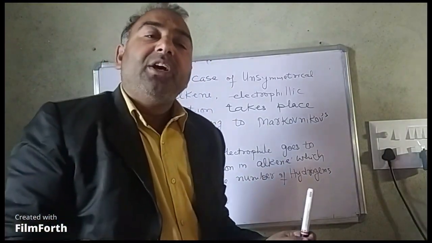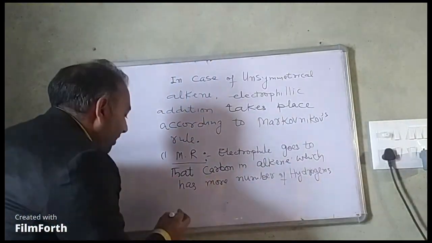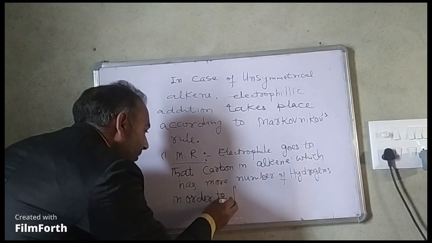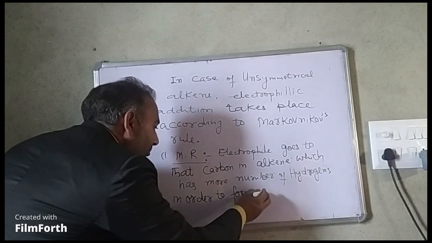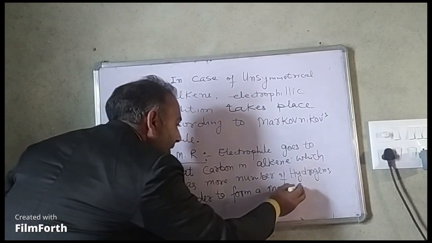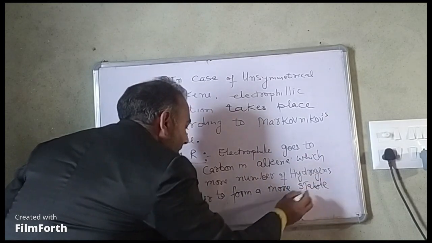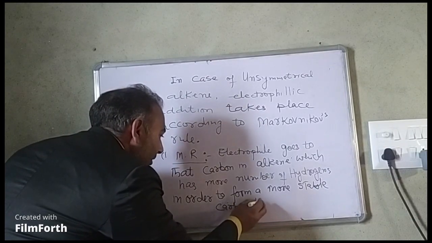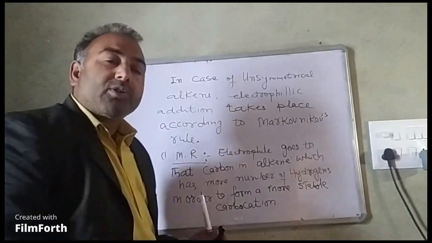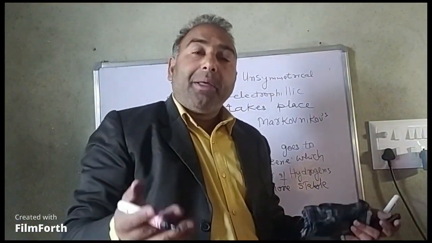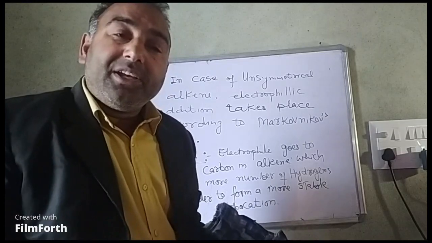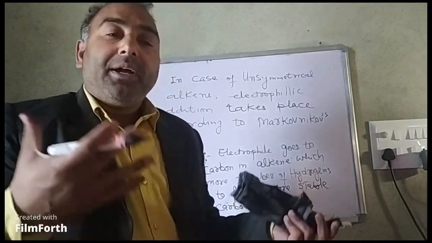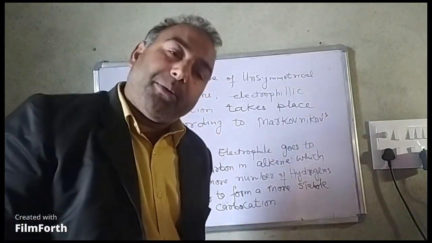Why so? What is the reason for this? In order to form a more stable carbocation, because the stability of the product depends upon the stability of the carbocation.